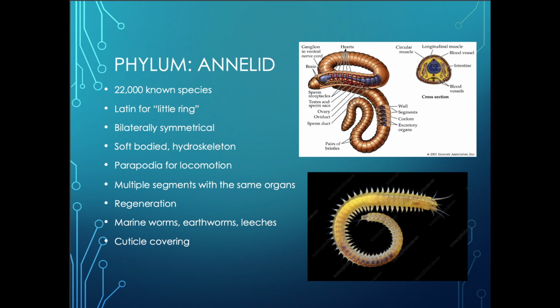They have what are called parapodia for locomotion, so tiny little feet. And they have multiple segments with the same organs, so that's kind of weird. But they have multiple segments in their body, hence segmented worms. And each little segment has the same organs in each one. That way, if you cut off part of that worm, it can actually regenerate and regrow.